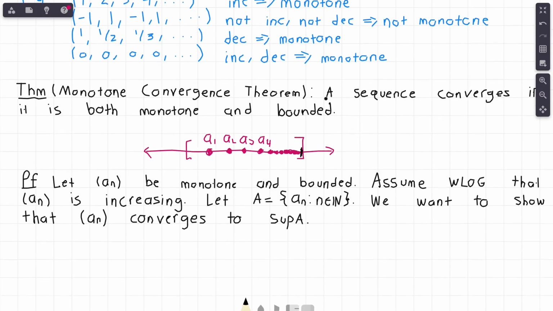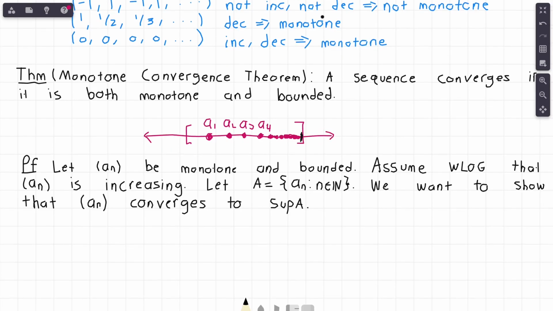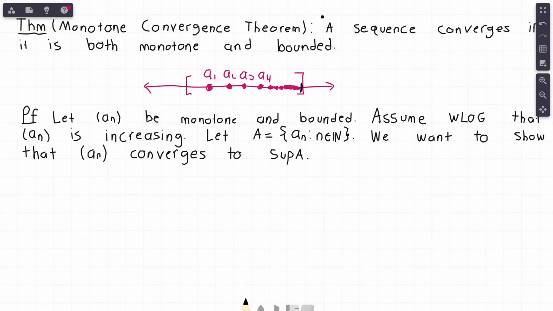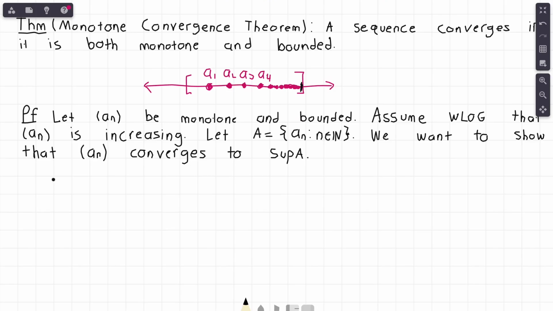So let's scroll down a little bit. All right, let epsilon be greater than 0.